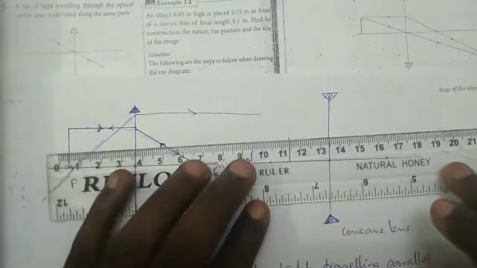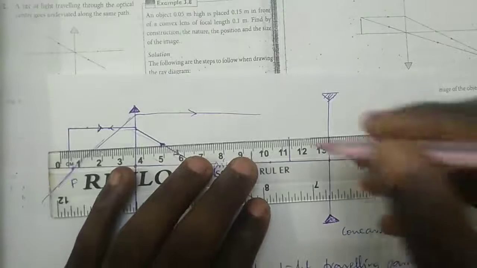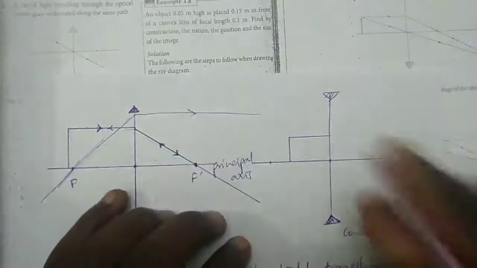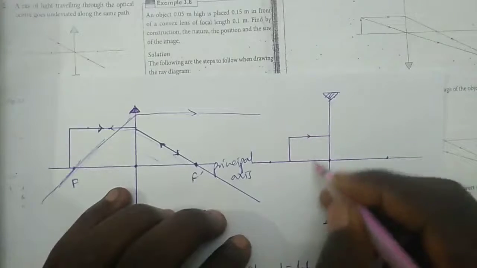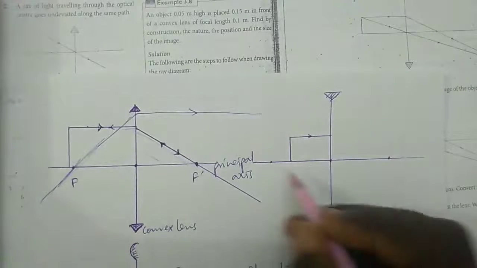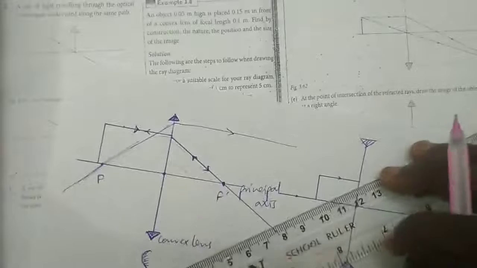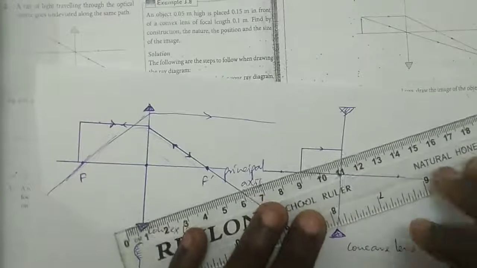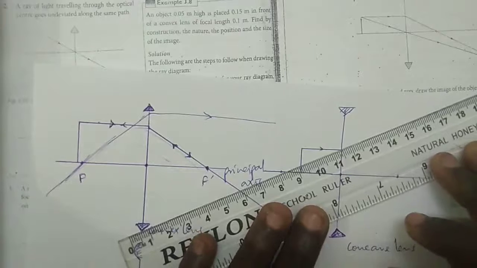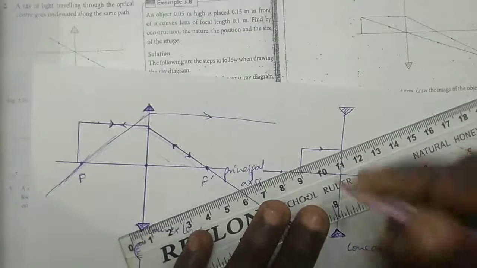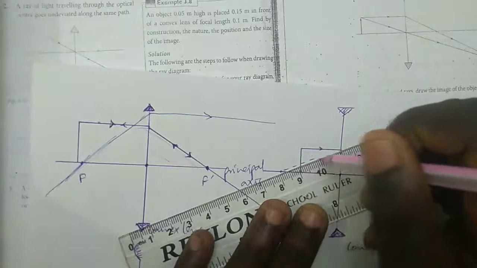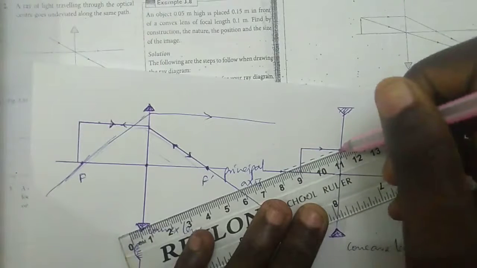Let's say huyu ndio object na left right ndio hii hapa. Iko parallel to the principal axis. Yani mstari. So this ray will tend to appear, kwa hiyo manake tutanyosha hapo na pale. So it will tend to appear from the principal focus.